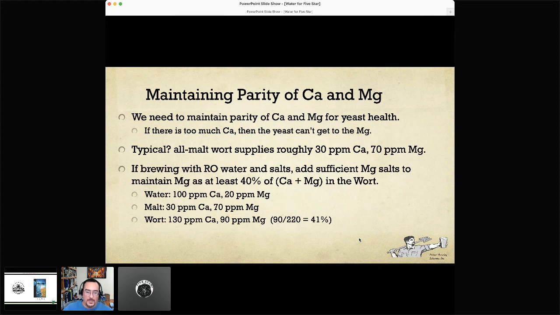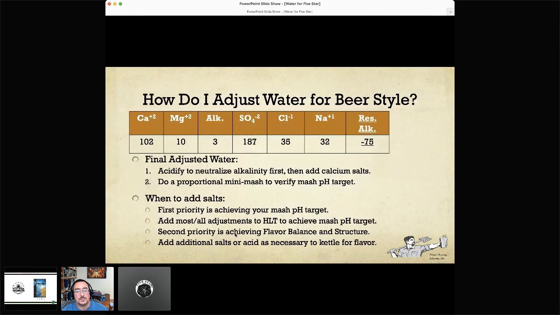So for example, if we're brewing with a reverse osmosis water and adding the salts just like we did in this previous example, we want to make sure that we add a sufficient amount of magnesium salts such that the magnesium is at least 40% of the total calcium and magnesium in the wort. So if we go back to the previous slide, here we have 100 calcium and 10 magnesium.